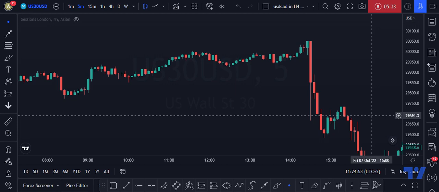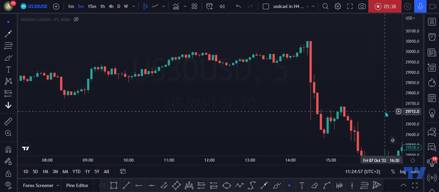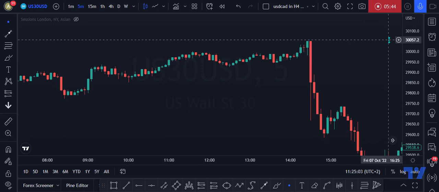Trading NFP, guys, will require you to understand investing.com or the economic calendar. On the economic calendar, they always give the previous data and the forecast on what's going to happen. Based on the data that you collect from the economic calendar, you will have an idea of what may happen.